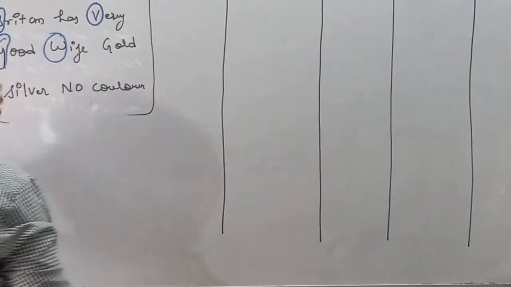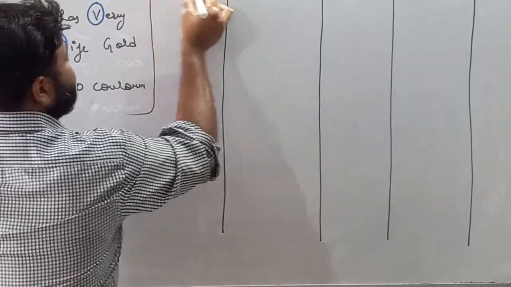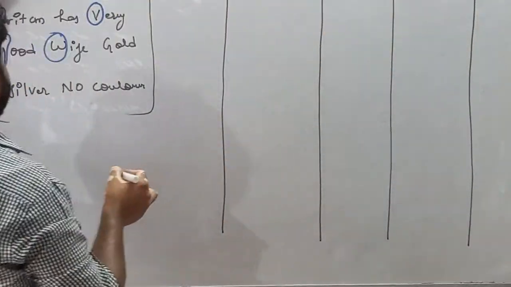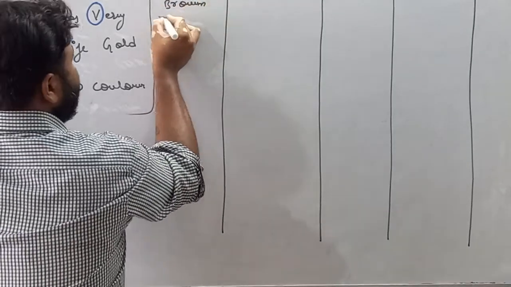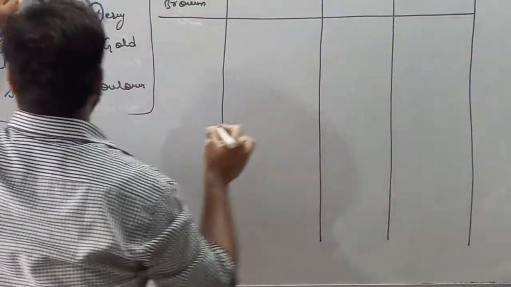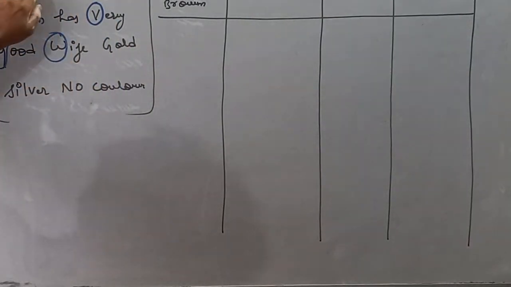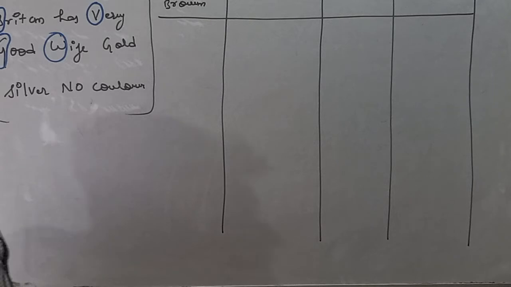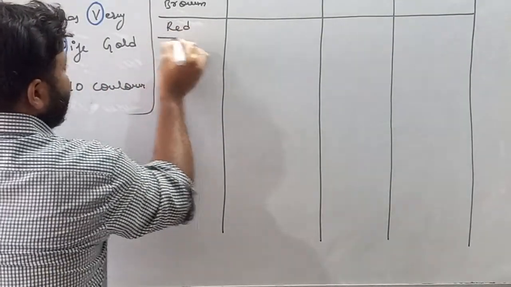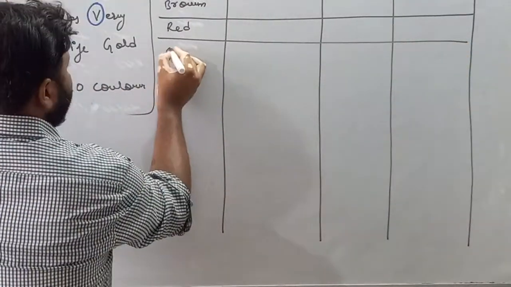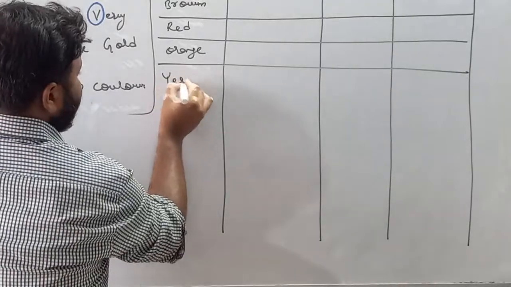Now see, my dear students, this B stands for black. Next B stands for brown. This R, O, Y, all three letters are bold, so every letter carries a color word. So R for red, O for orange, Y for yellow.